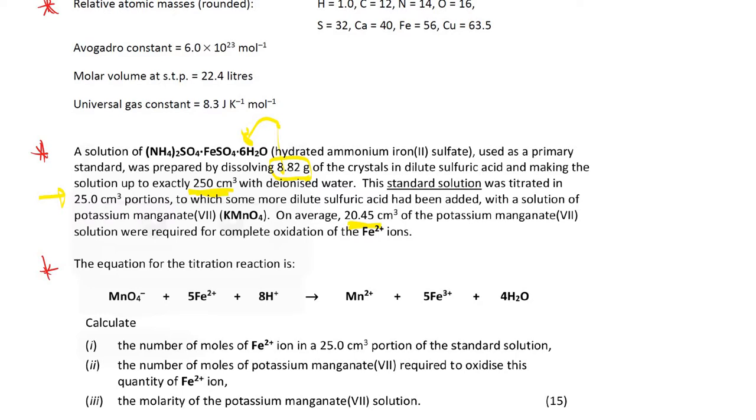Now, the questions are usually scaffolded. So we're asked in the first question, find the number of moles of Fe2+ ion in a 25 centimeter cubed portion of the standard solution. Okay, if we're working out the number of moles of Fe2+, before I can do that, I'm going to work out the number of moles of the compound in total.